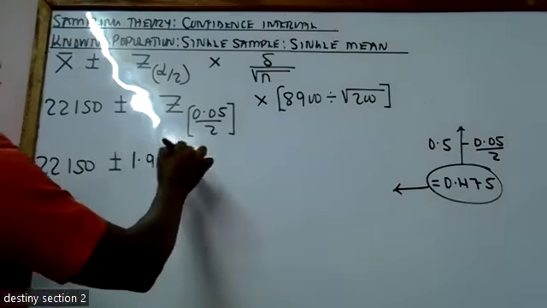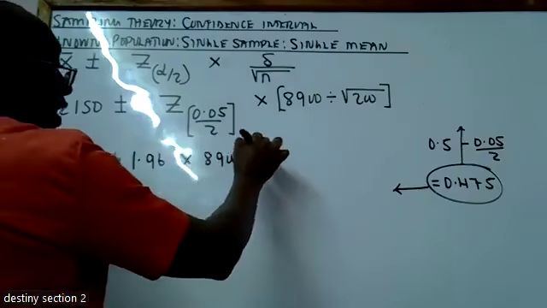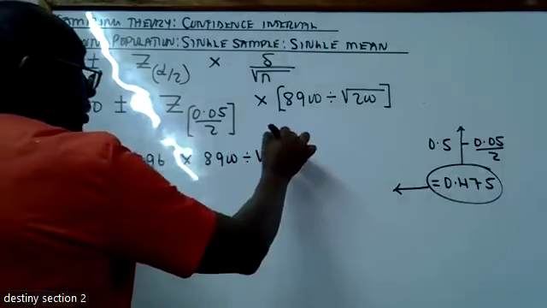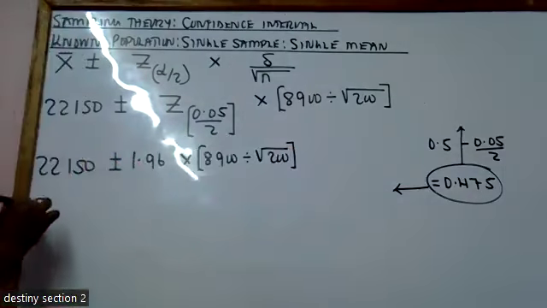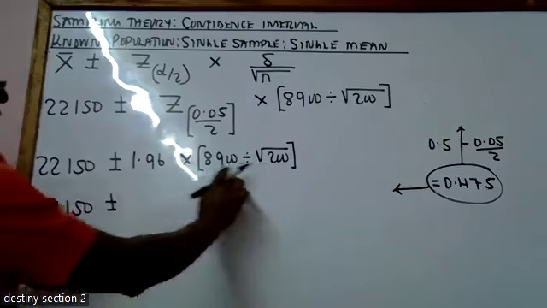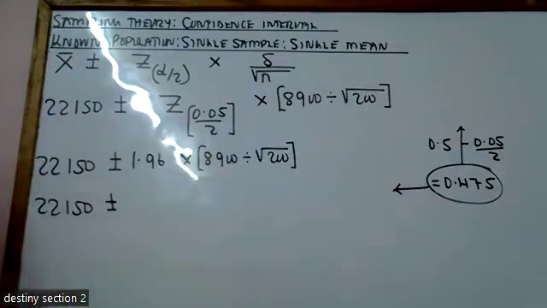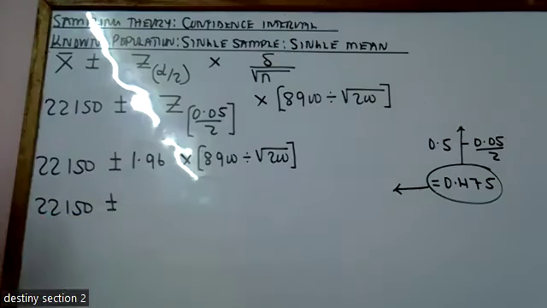Now, this one is to be multiplied by 8,900, which is divided by the root of 200. So, 22,150 plus or minus. Give me this value to 2 decimals.